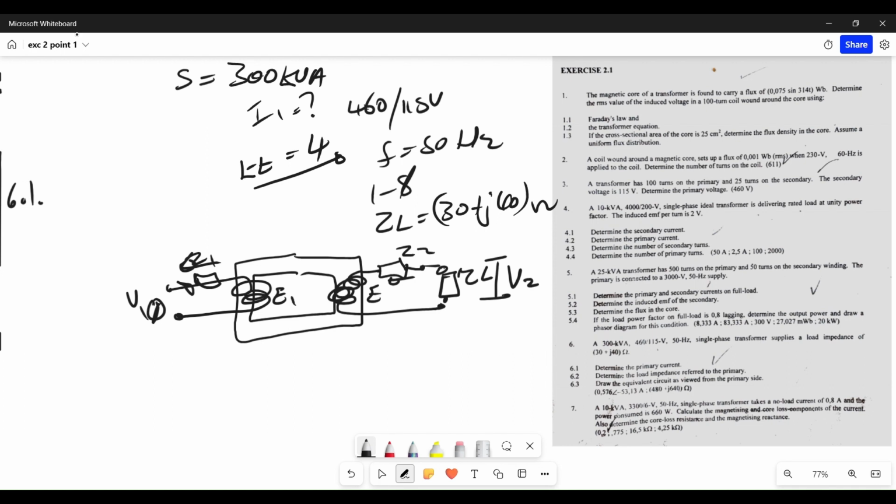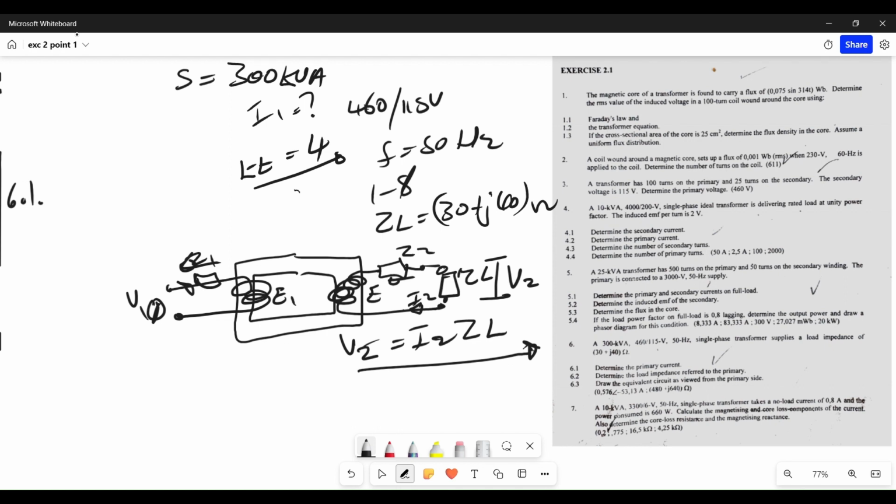So if right now I have Z load, I will say the current flowing here through this loop is I2, meaning I can say V2 is equal to I2 Z load. This can be my equation. If I put E2, it's gonna be a problem because I'll have to use the transformation ratio to convert to the other side.